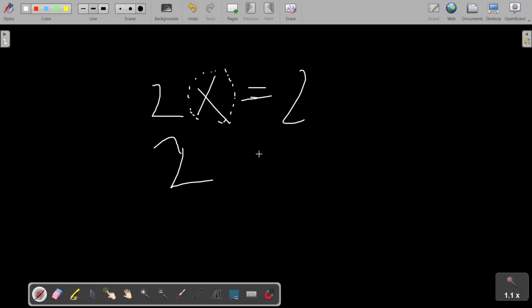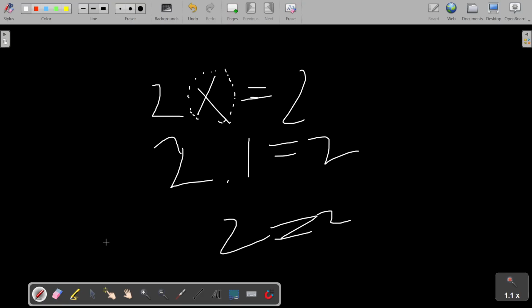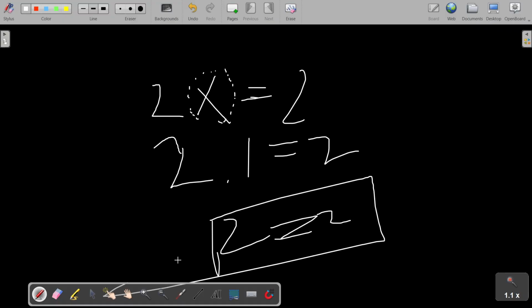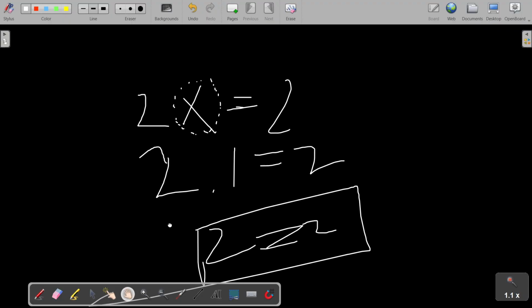So 2 times 1 is equal to 2. So 2 is equal to 2. This is true, always true. So when did this happen? When we put x is equal to 1 here.